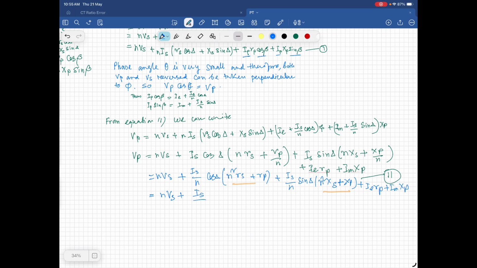So it will be NVS plus IS by N cos delta RP, equivalent resistance of the transformer referred to the primary side, plus IS by N sin delta XP, equivalent reactance of the transformer referred to the primary side, plus IERP plus IMXP.